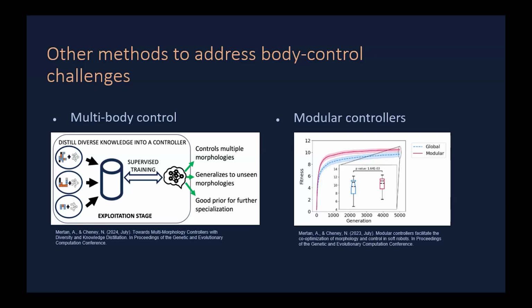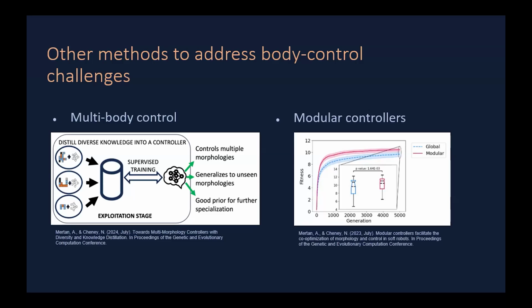You optimize all these robots, and you use this optimized control of the diverse set of robots to teach a single controller to control, and this single controller can then be used to kickstart new controllers.